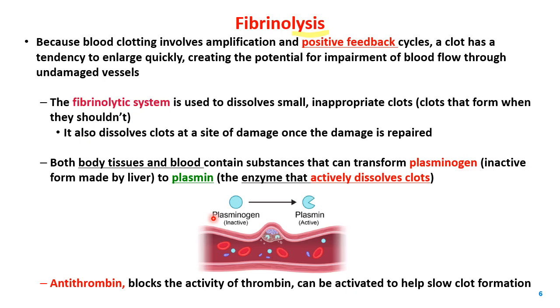Okay, so this enzyme is plasminogen. When it gets to the blood clot, the enzyme is going to be activated into the active form, which is plasmin. Okay, so plasmin is what is going to dissolve the fibrin clot. All right, so plasmin here dissolves the clot, and everything goes back to homeostasis.